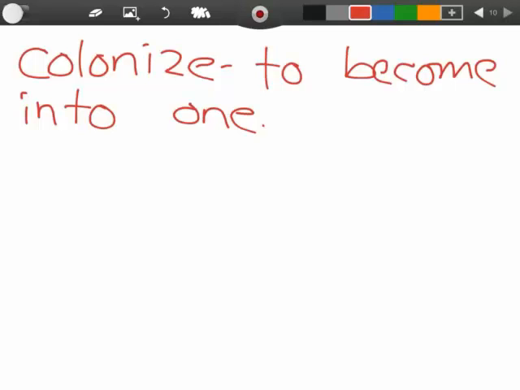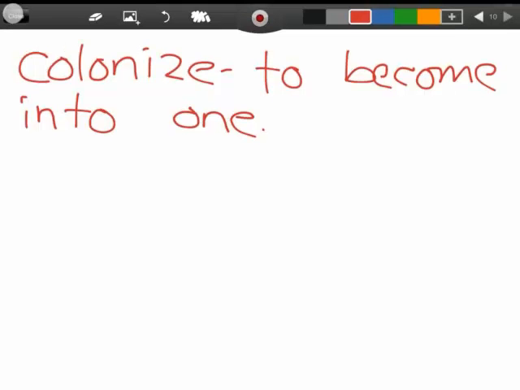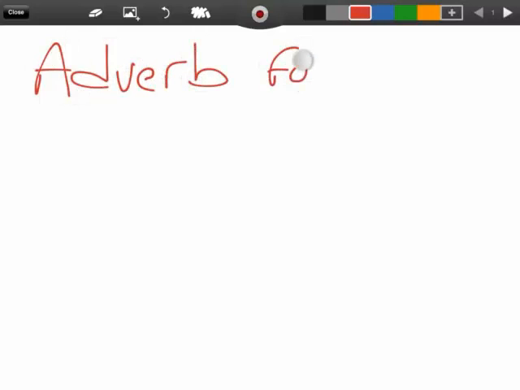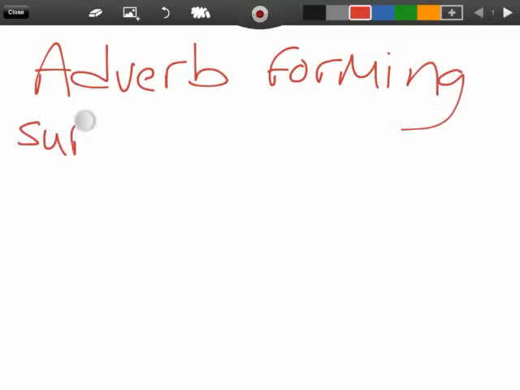And we are moving on to our adverb forming suffixes. Let me go ahead and open a new page here. First of all, let me go ahead and give you the title. It's adverb forming suffixes.